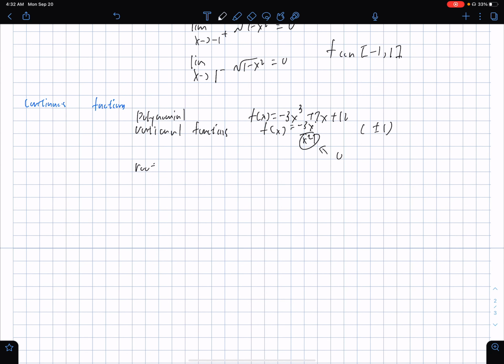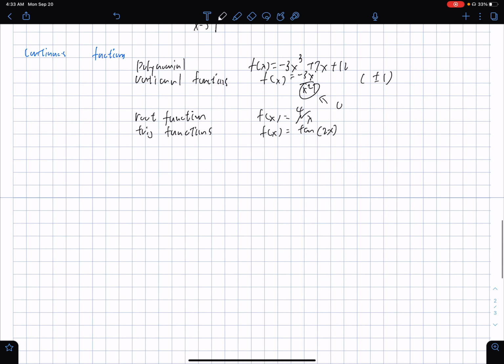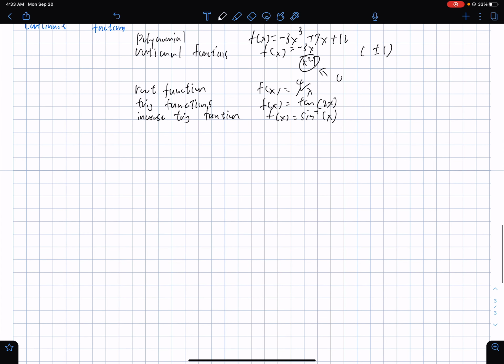Now, root functions also obey this rule, and we can see here with this simple example of a root function, trig functions too. And here, and then an inverse trig function as well, and exponential functions.